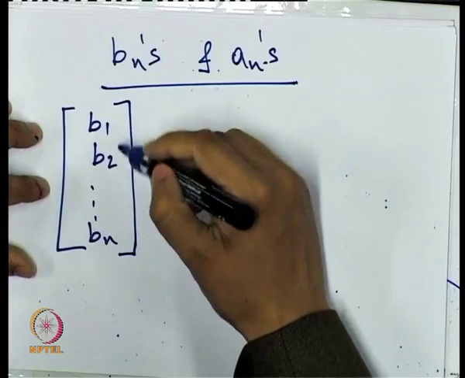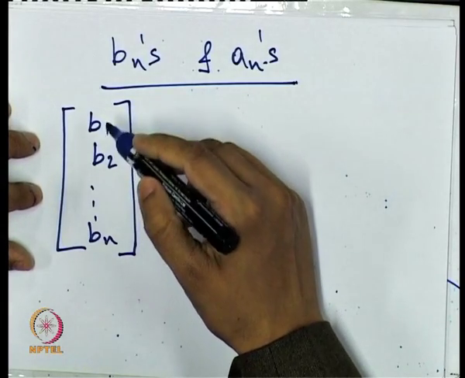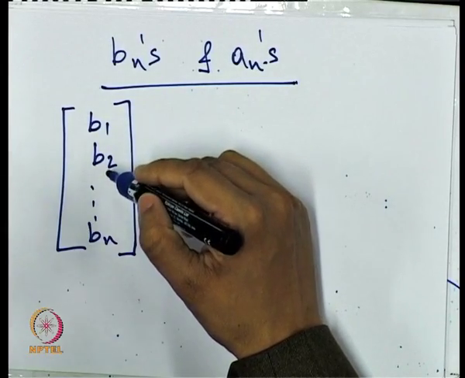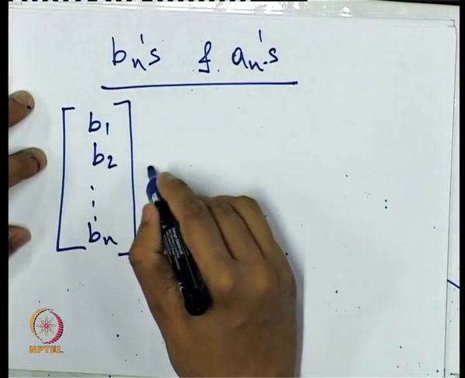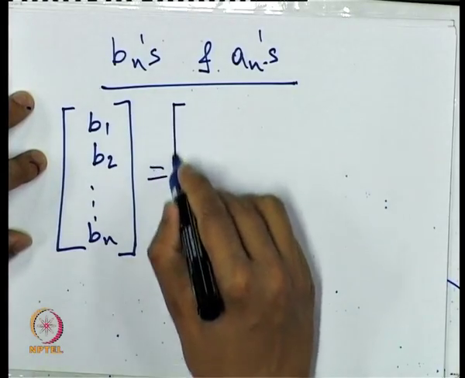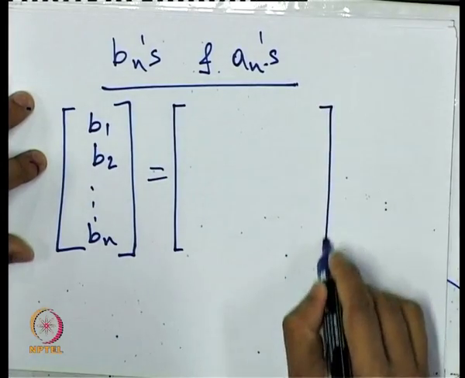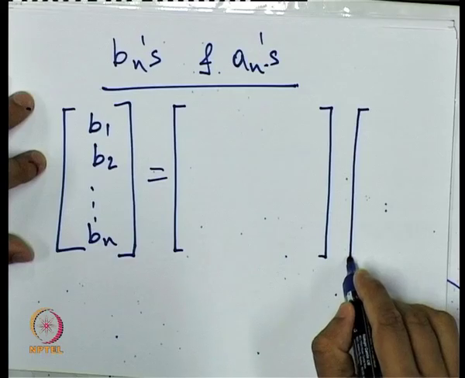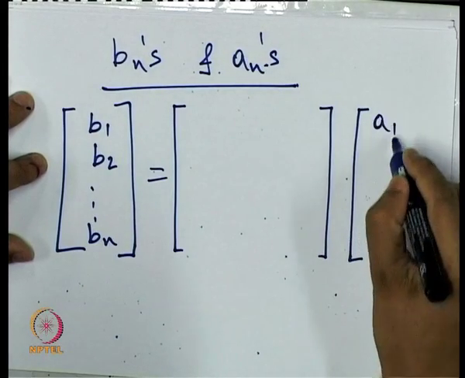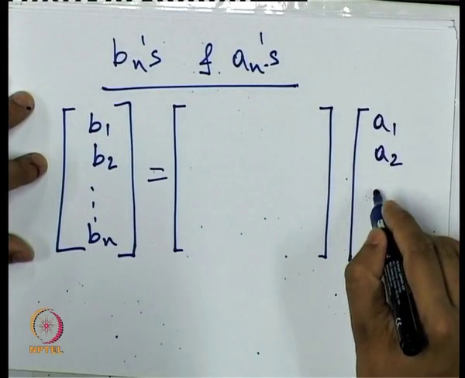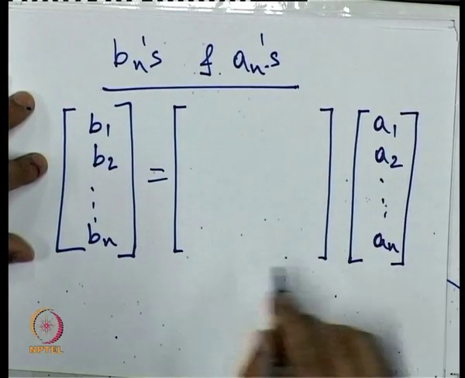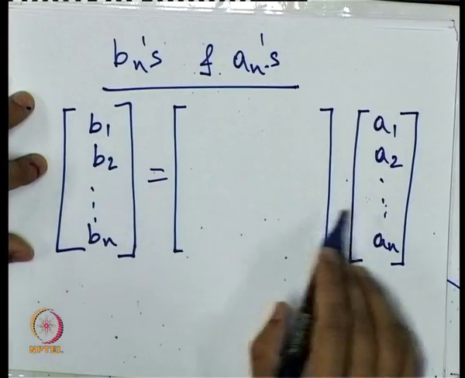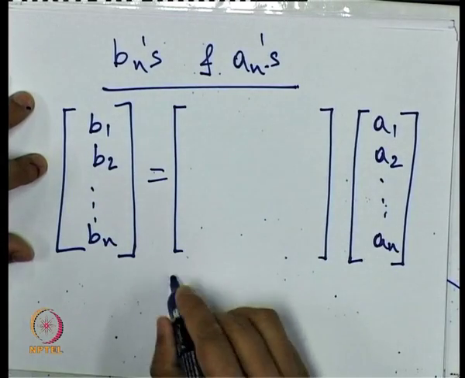This column matrix represents the normalized reflected voltages or normalized reflected currents at the various ports, and say at the other end we have another column matrix representing the incident normalized voltages or currents, then the matrix that relates the two is called the S matrix.